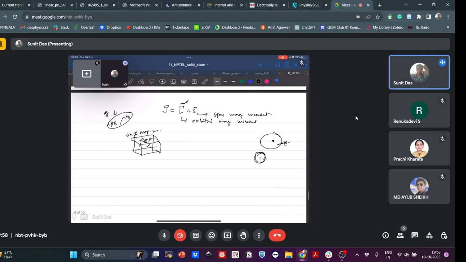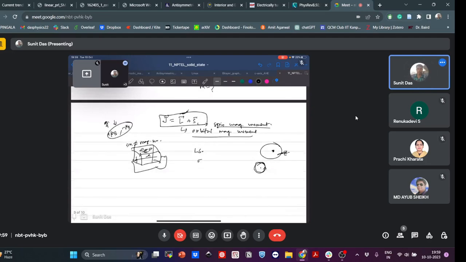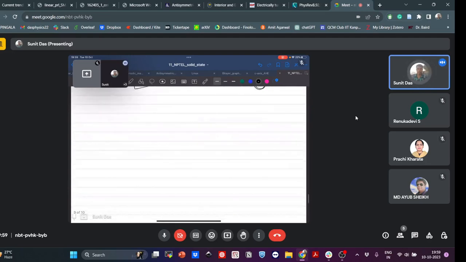So when we measure externally, it captures both the orbital magnetic moment and the spin magnetic moment, and that effectiveness is captured by J. It has two types of coupling, LS coupling and then another is J type coupling.